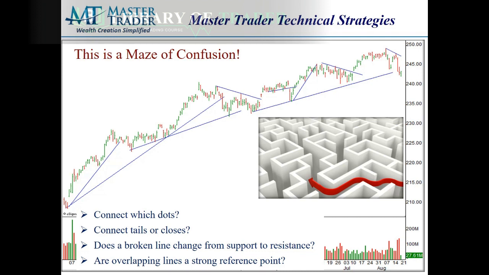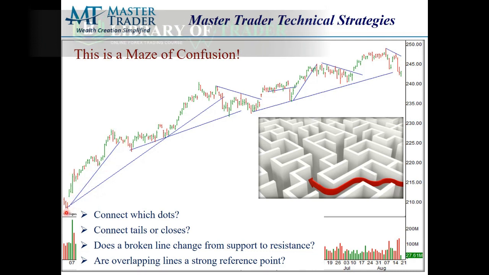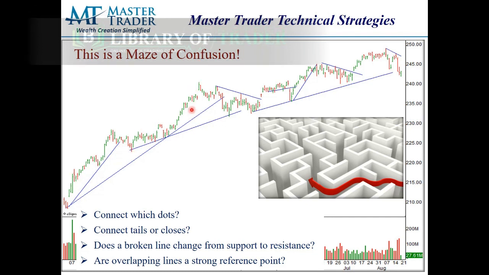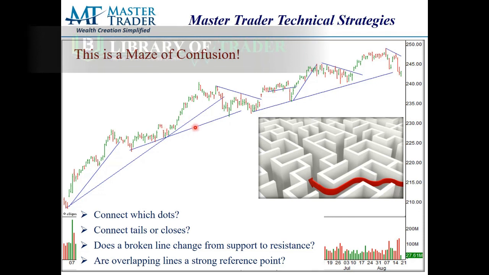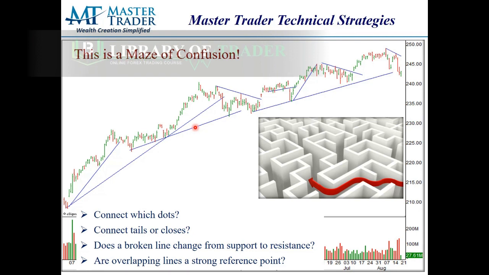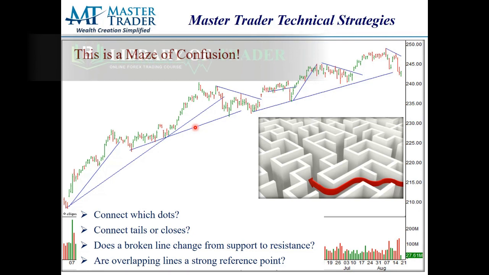And then lastly, overlapping lines that came together. Was that a stronger reference point? It's a similar situation with Fibonacci retracements, meaning if I drew Fibonacci lines and connected from here to here, and then from this point to this point, and such, if there were a bunch of lines over here overlapping each other, did that actually create a stronger area of support on a pullback?